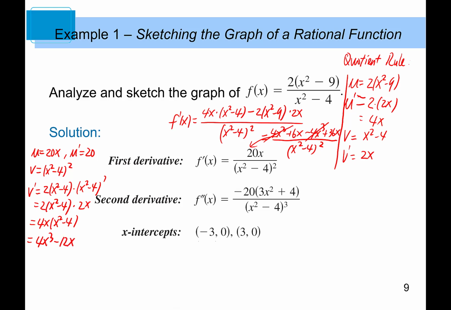Right. Now after that, we're going to put together the f double prime.